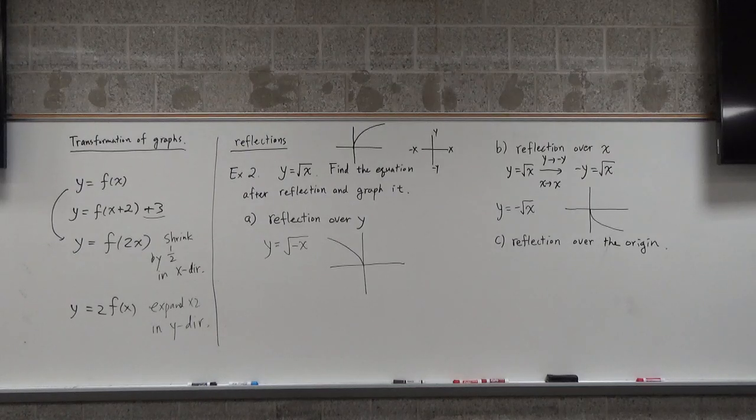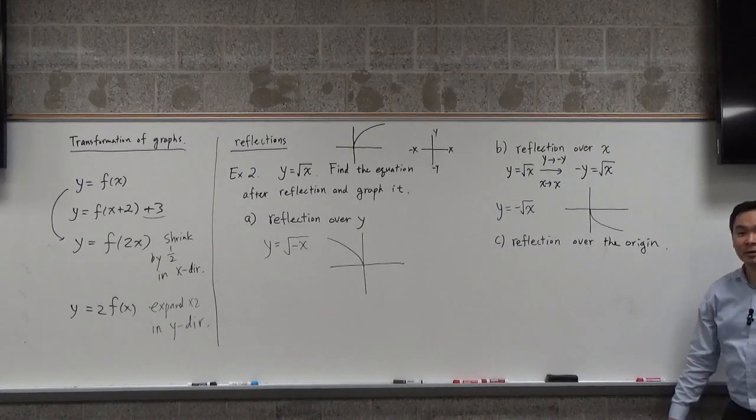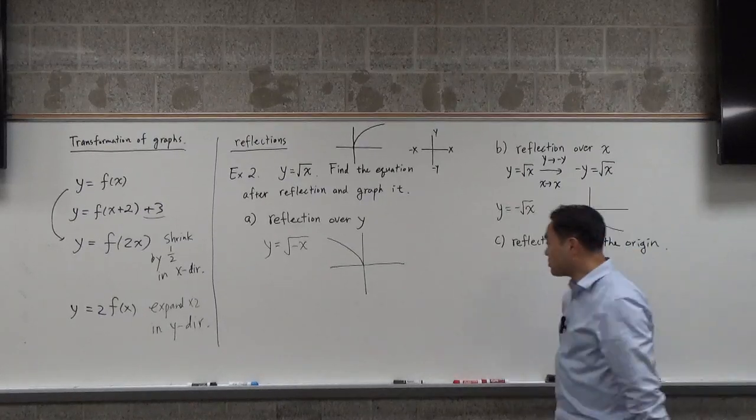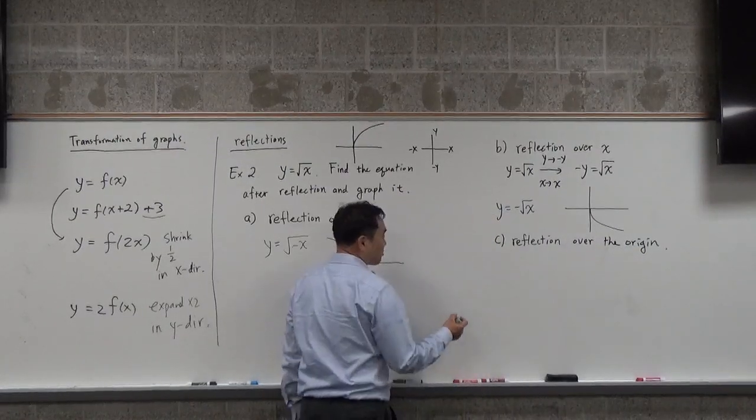Okay? All right. Now the last thing, reflection over the origin. This one we haven't done anything like that. I haven't explained. So let me first give you an idea of what a reflection over the origin is.